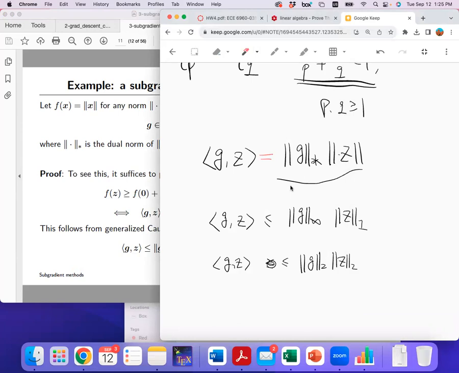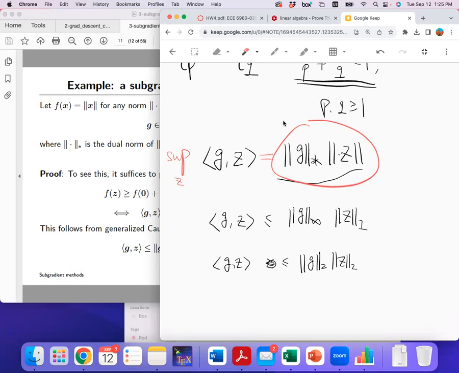That is the maximum value that the dot product can take. So the sup over Z of this dot product is the dual norm of G times the norm of Z.